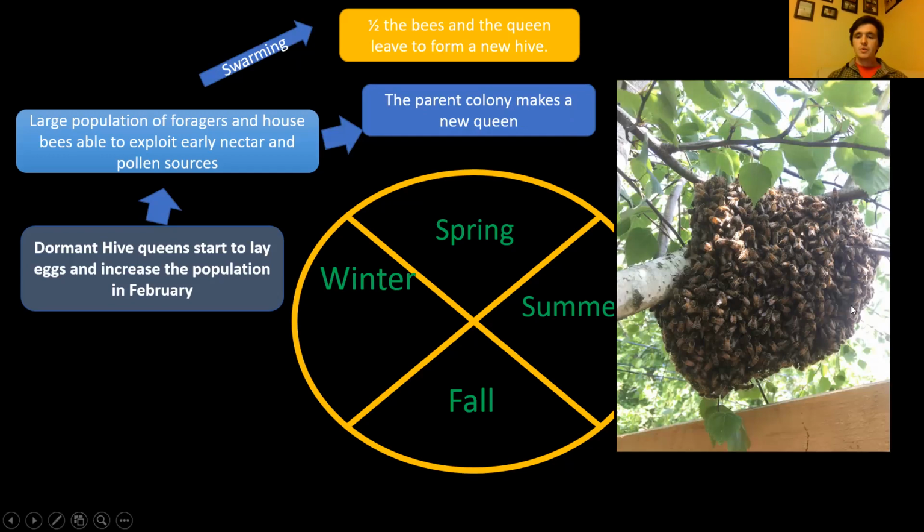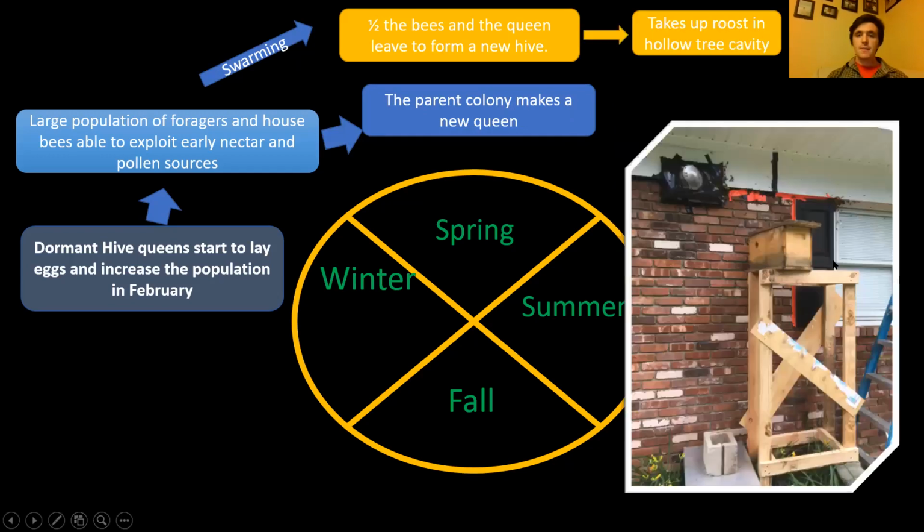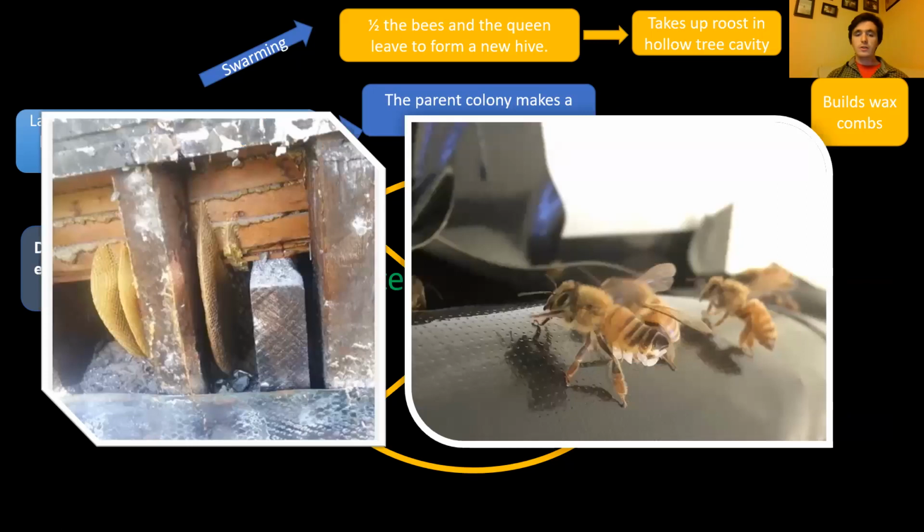And they'll hang out on a tree. They'll find a hollow cavity, a tree, this person's house in Westwood, to take up roost and create a new colony. And what they'll do when they're in that wall, they'll start to build wax in that wall.